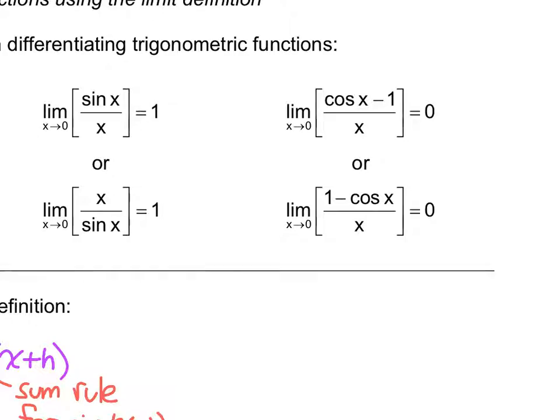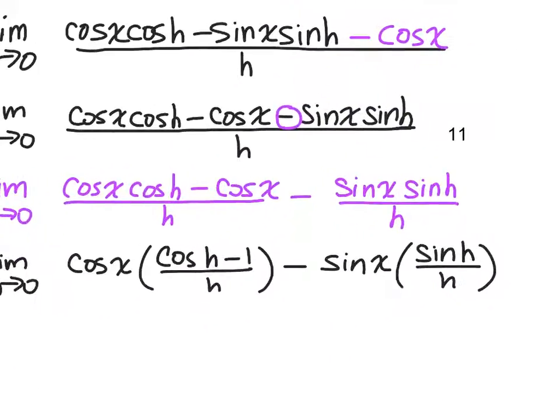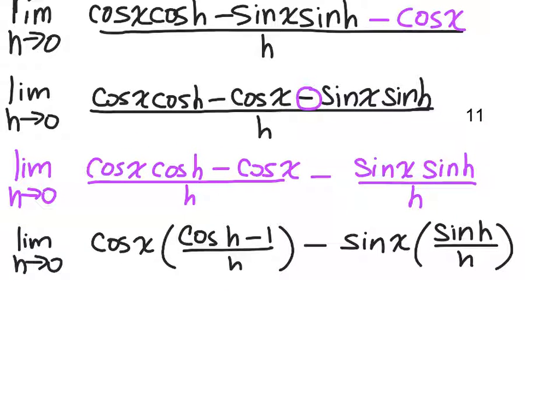So, going back to that example below, I can go to 0 on this one, and I can go to 1 on that one. So I'm looking at the limit as h approaches 0 of just the negative sine x. There's no h.